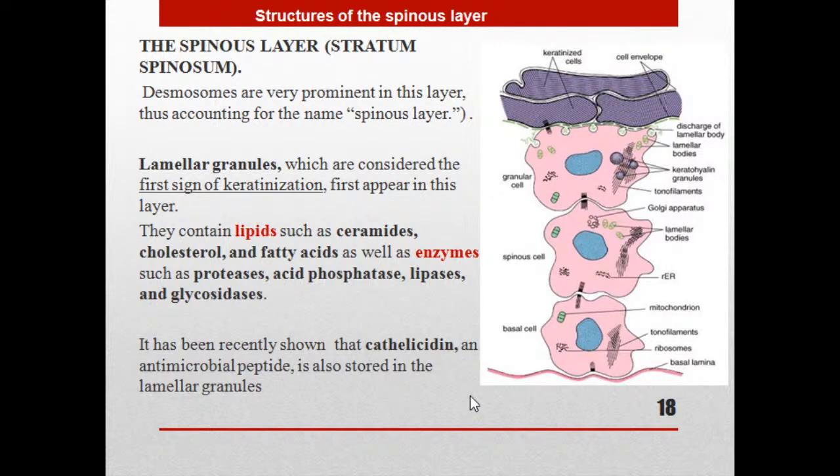They contain lipids such as ceramide, cholesterol, and fatty acid, as well as enzymes such as proteases, acid phosphatases, lipases, and glycosidases. It has been recently shown that cathelicidin, an antimicrobial peptide, is also stored in these lamellar granules.